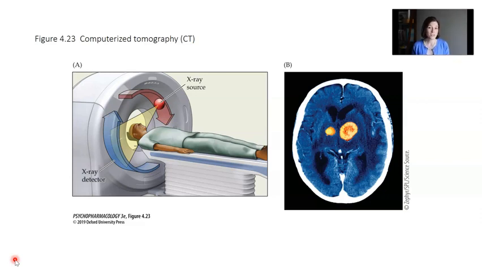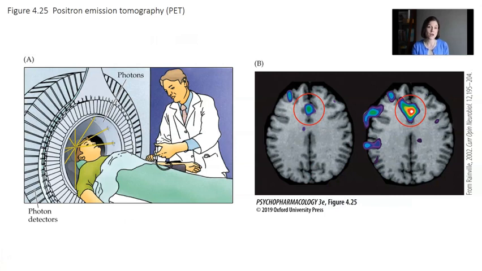In neuropharmacology, another particularly useful technique is PET scanning, or positron emission tomography. This technique allows us to image radioligand binding in the brain, and so we can actually administer individuals, and you see here this person is being given an injection.